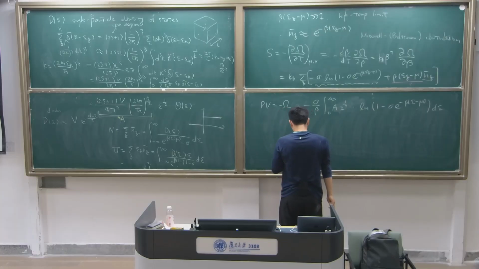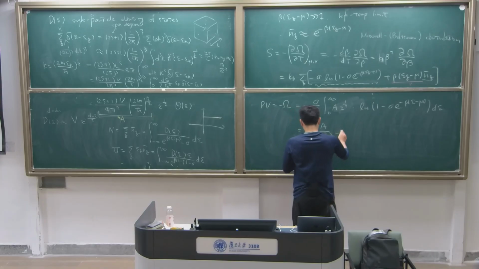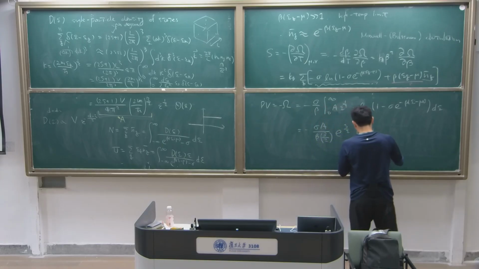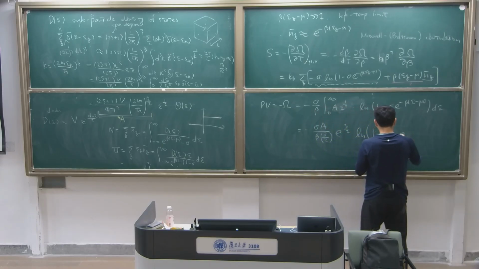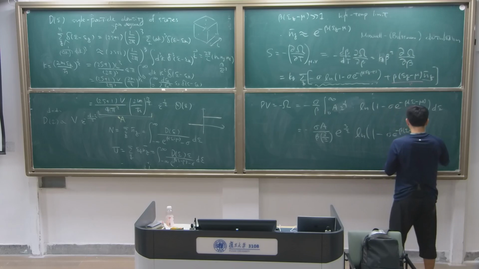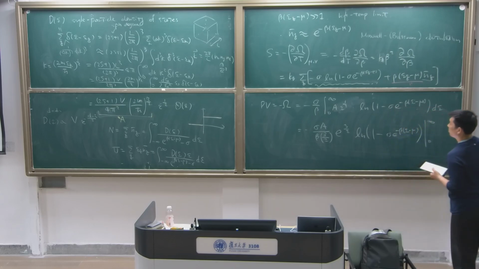Like this way, then what you get is minus sigma A over beta, 3 over 2, E to the 3 over 2, log of 1 minus sigma e to the minus beta epsilon minus mu. Like this way.